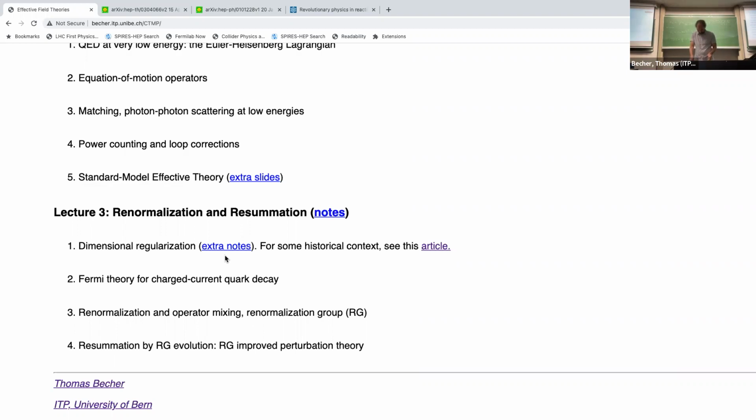I hope so. No, it's a minus. And this is just some number, 0.57. And I will show you results of such loop computations later. And you'll see these divergences have the form of 1 over epsilon.